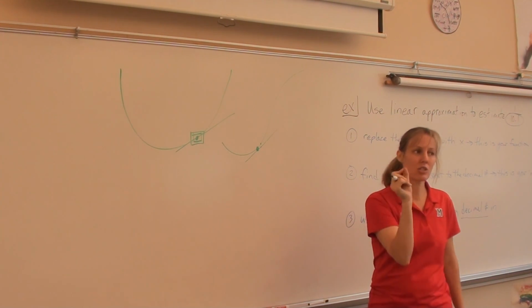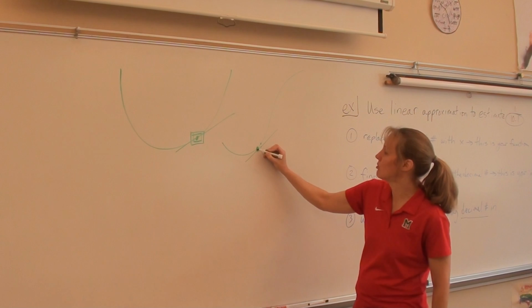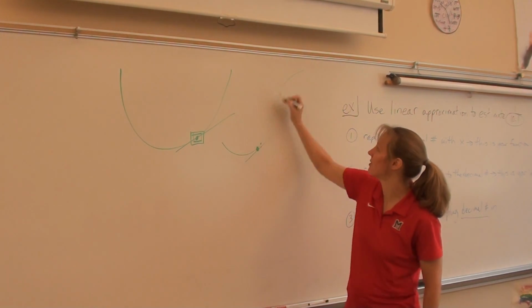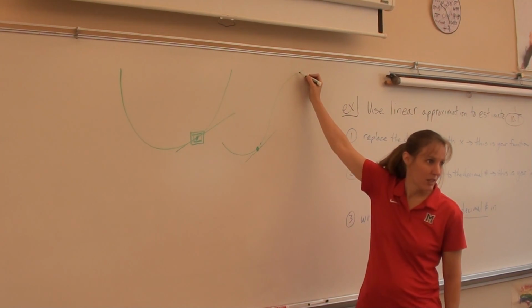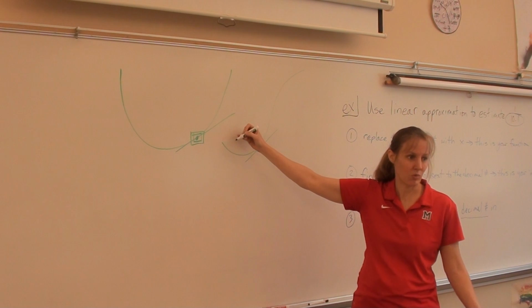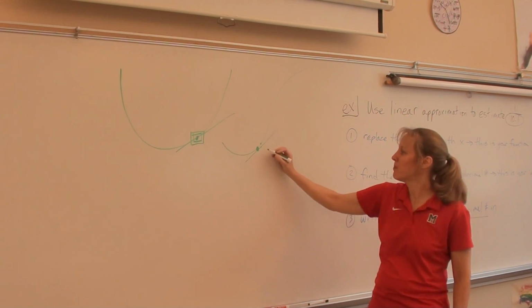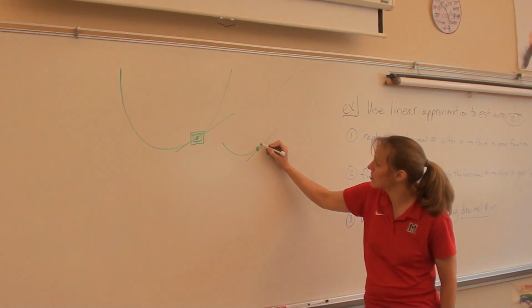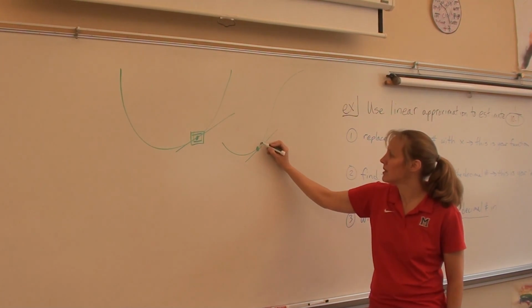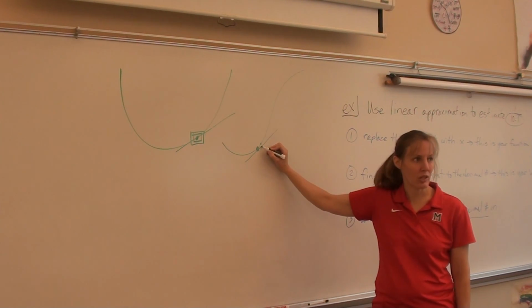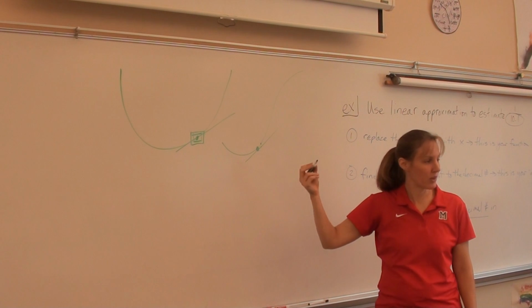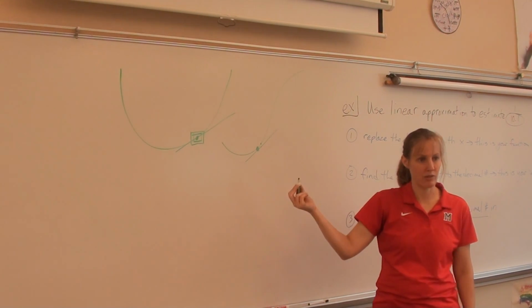Now it's got to be close to the point of tangency. I'm not going to use this tangent line to approximate function values over here, or over here. It just would be silly. But if I pick a point that's close to the point of tangency, then the value on the tangent line is a very decent approximation for the value on the function.